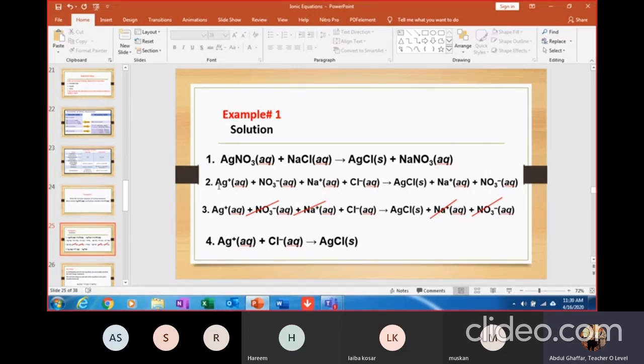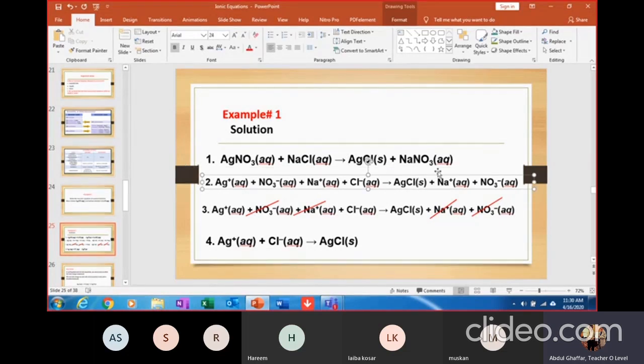The second rule is to break it into ionic form. Silver is in aqueous form, with charge +1. Nitrate in aqueous form, sodium in aqueous form, chlorine in aqueous form, but we will not break silver chloride into ionic form. It will remain the same because it is insoluble, right?